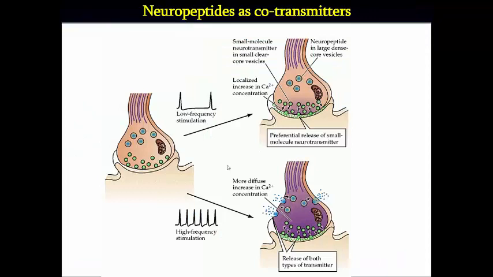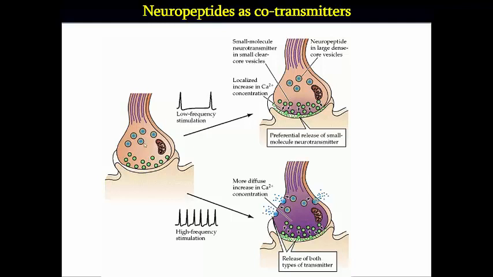But in addition to typical neurotransmitters, we also have involvement of so-called co-transporters or co-transmitters, which are usually peptides, chemically, structurally, and they also are found in vesicles. Not in all neurons we have them, but they are usually localized a bit far away from the presynaptic membrane.